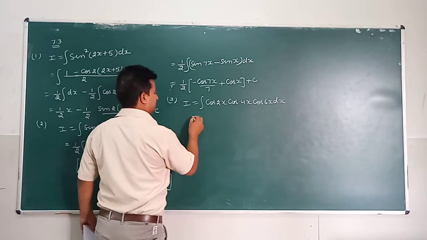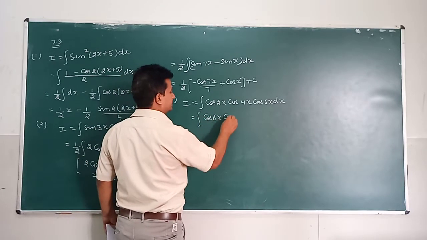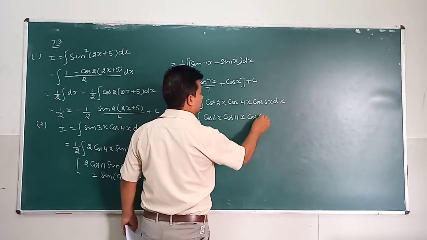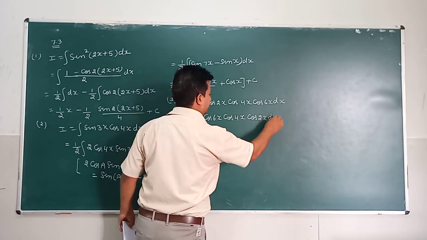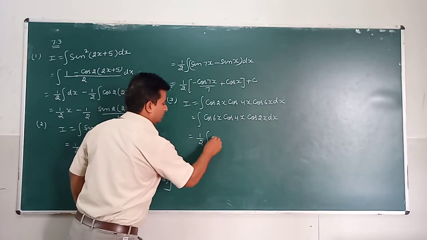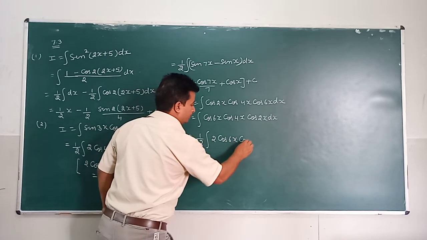First we write this in decreasing order. That's cos 6x, cos 4x, cos 2x dx. And divide this by 2 and multiply also by 2.